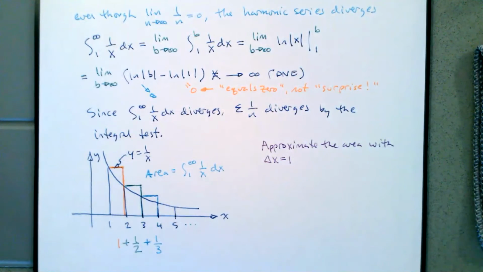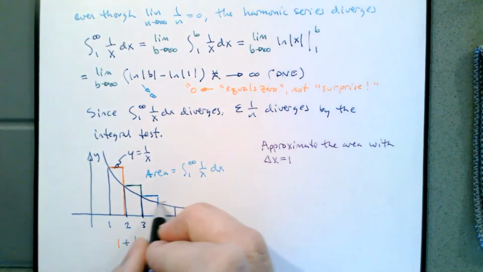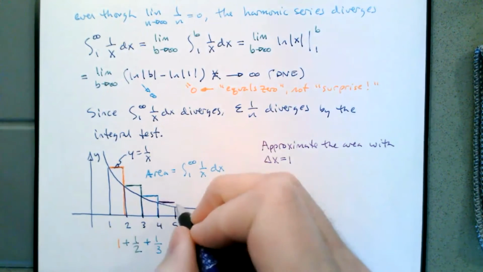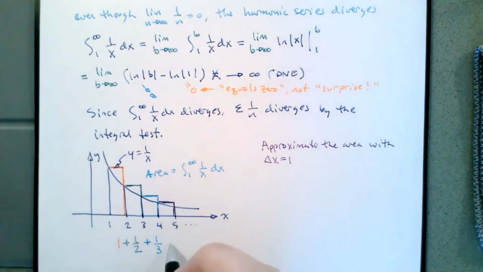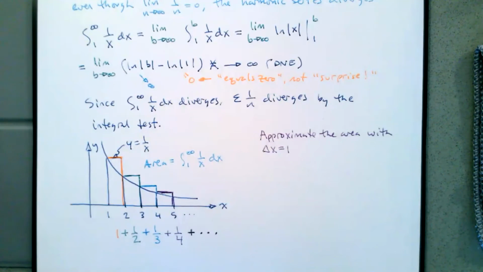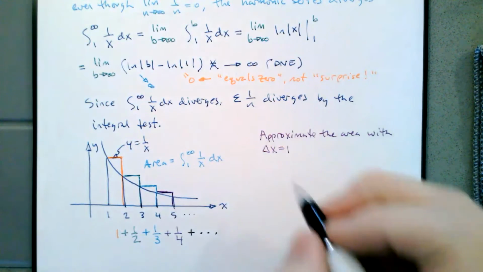What we're going to notice is that the left endpoint approximation of this area with a delta x of 1 is going to give us the harmonic series.